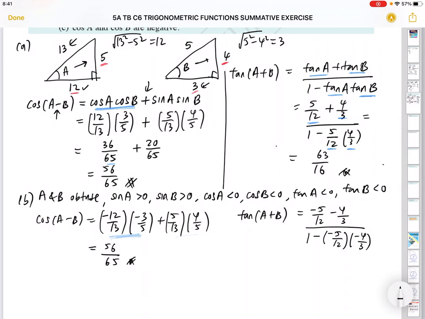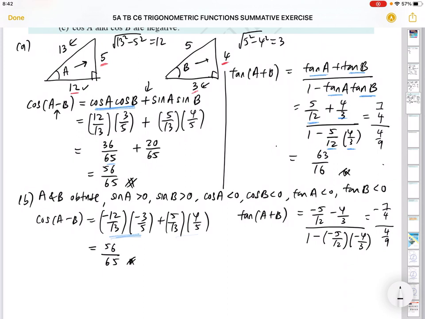This is 7 over 4. I actually don't have to, but I just want to show you, 1 minus 5 over 12 times 4 over 3. This is 4 over 9. Now the difference is, this is now negative 7 over 4, but your denominator is still 4 over 9. Correct.